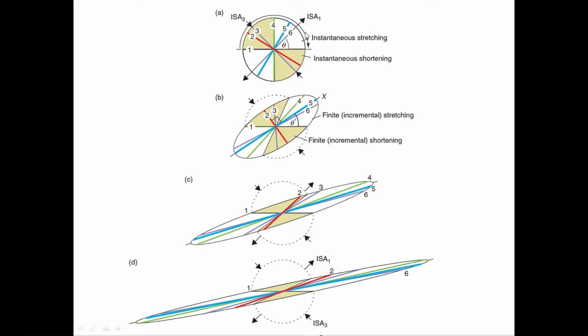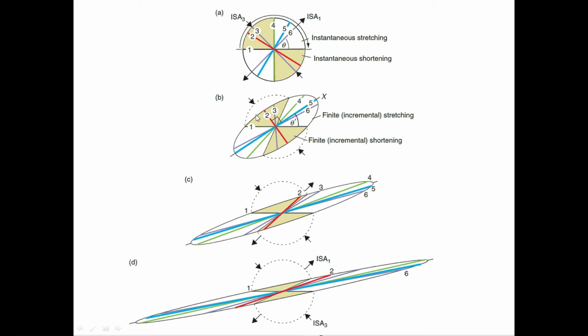This is the axis of maximum extension. And in this creamy layer we have ISA3, this purple one, and this axis is the instantaneous shortening axis, where maximum shortening is taking place.